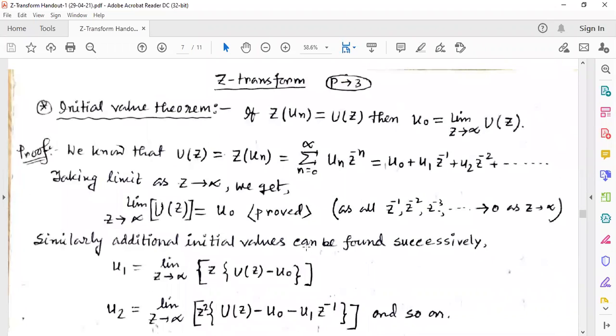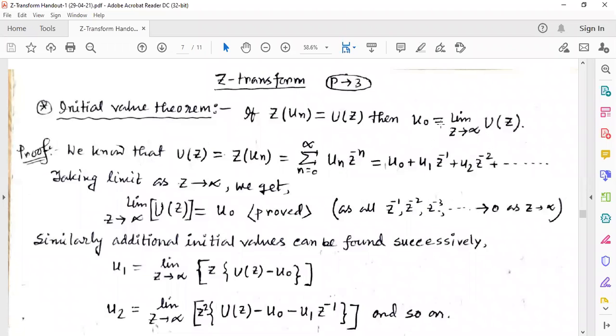Now, the most important thing of Z transformation is the initial value theorem. Look at this initial value theorem. If Z of un equals U of z, then u0 is equal to the limit z tends to infinity of U of z. This is the value of u0.